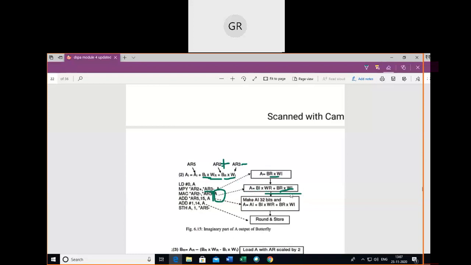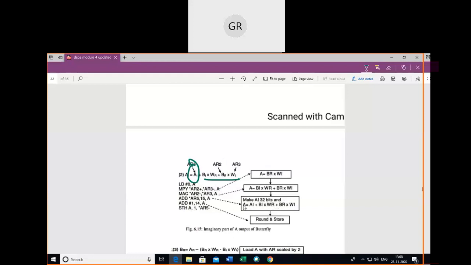Okay. Next, what can we do here? Which one is left? Now this part is left. This one we already did. We can do the addition. Same, add star AR5 comma 15 comma A. Here we make it 32 bits to avoid overflow.